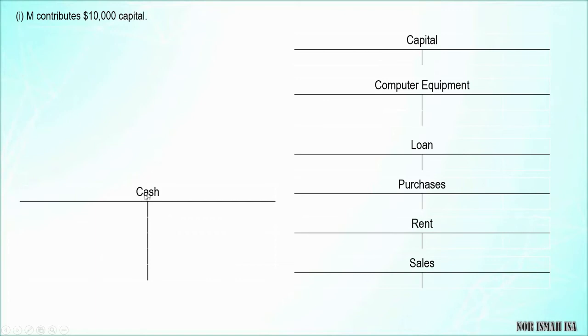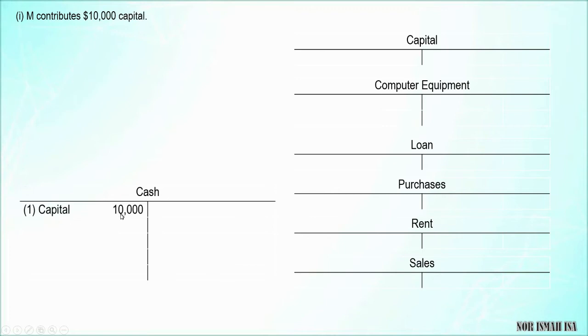When the owner contributes to the business, cash increases by 10,000. So you should debit cash with 10,000. The description here is the opposite account, which is capital.